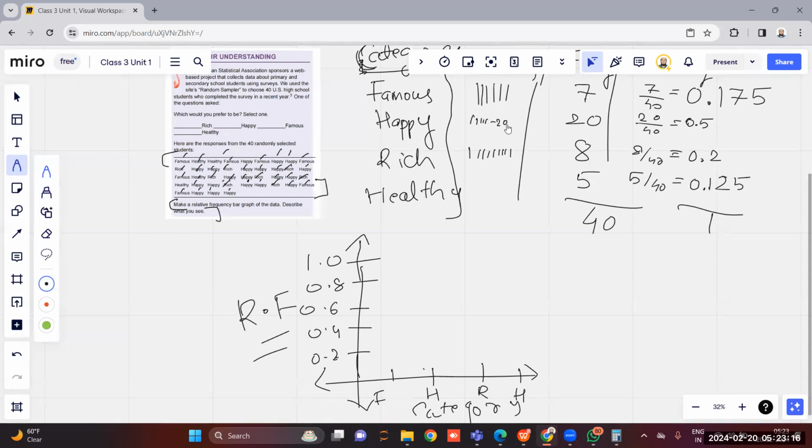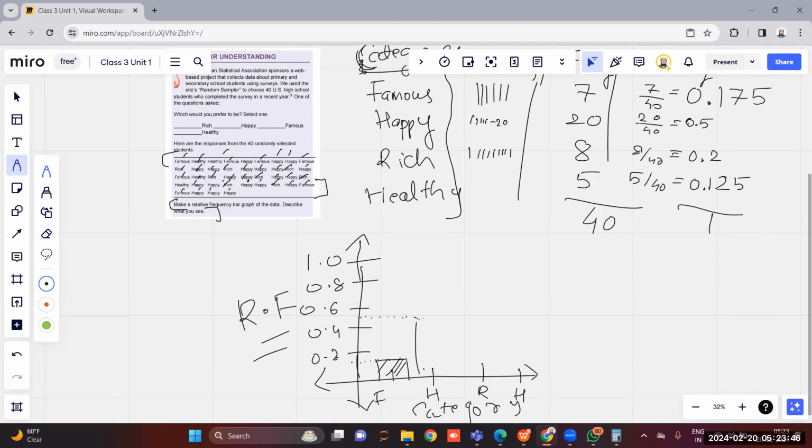So this is 0.175. You can start the scales from 0.1 also. I'll draw both the graphs with both the scales. This bar is for famous, and its height is below 0.2, near about 0.175. Next, for happy, it's 0.5, so it will be exactly between these.